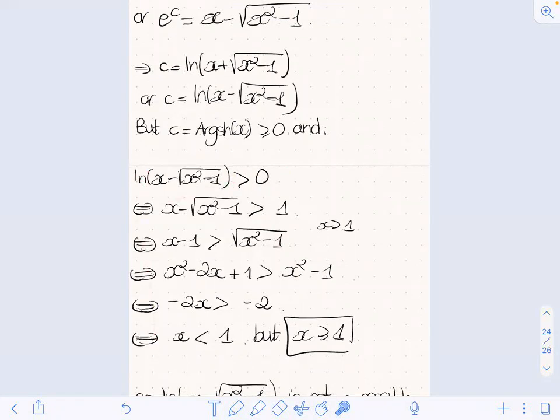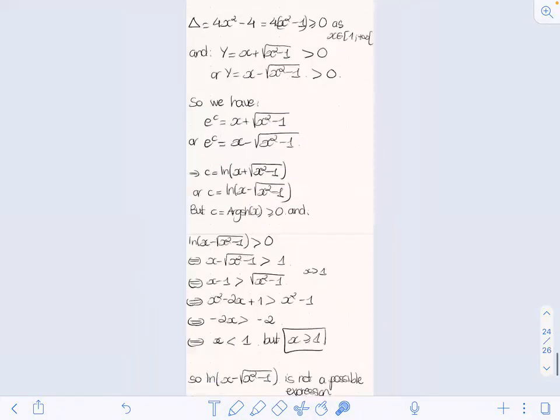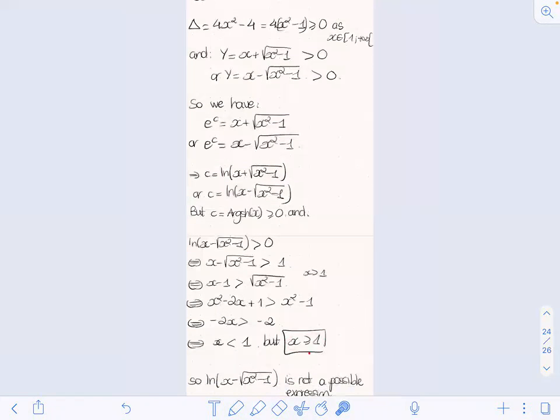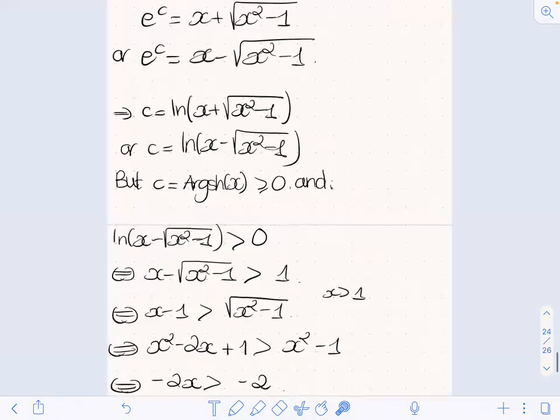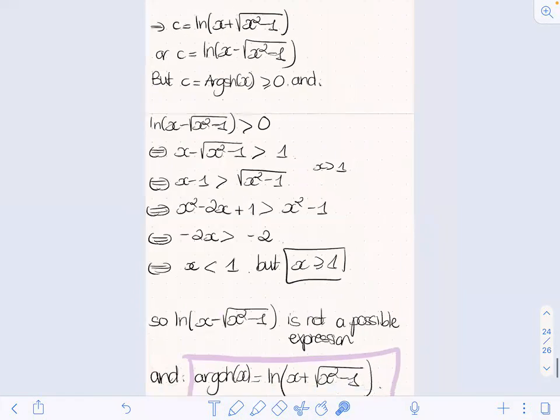We want this to have positive values, and if you solve this equation, you get x smaller than 1. But by definition, we know that x has to originate between 1 and plus infinity, as argch of x maps 1 plus infinity to positive values. Okay, thank you. You're welcome.